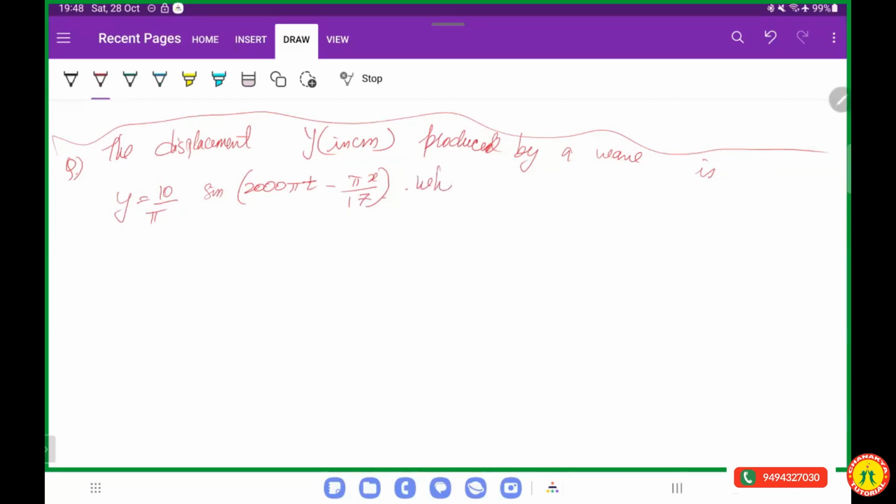What the question is: what will be the periodic time and maximum velocity of a particle in the medium?